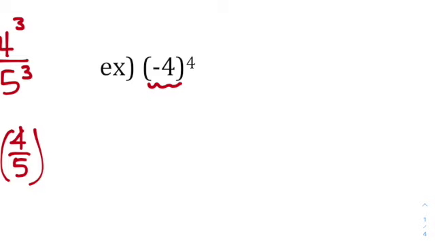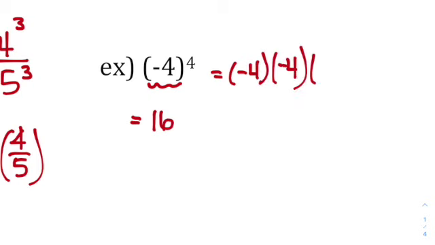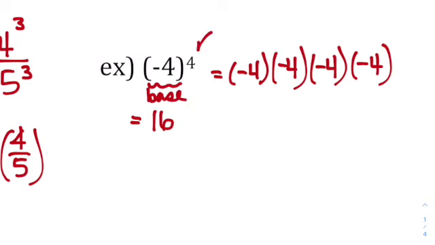So that negative sign has to be multiplied 4 times. But because it's an even number, you should know that's going to be positive. And so that's going to be 16. Because if you write it out, it's going to be negative 4 times negative 4 times negative 4 times negative 4. Okay, because negative 4 is the base, and this is your exponent right here.